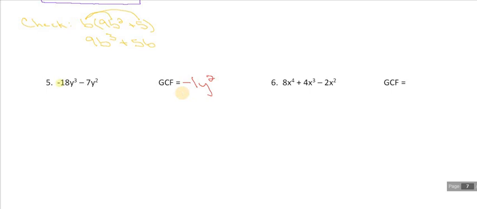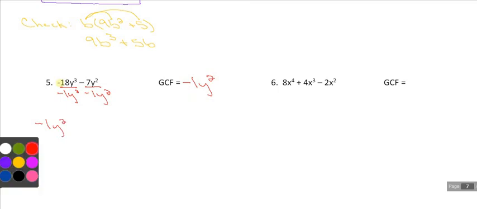So when we divide both terms by negative 1y squared, and we do our division, negative 18 divided by negative 1 is going to be positive 18, and y cubed divided by y to the second is y to the first.